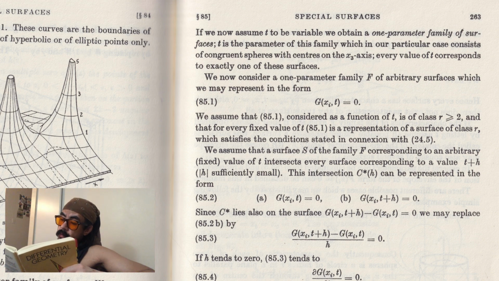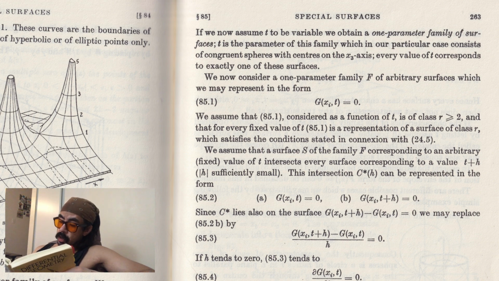t is the parameter of this family, which in our particular case consists of congruent spheres with centers on the x3 axis. Every value of t corresponds to exactly one of these surfaces. We now consider a one-parameter family F of arbitrary surfaces, which we may represent in the form G(x_i, t) = 0.